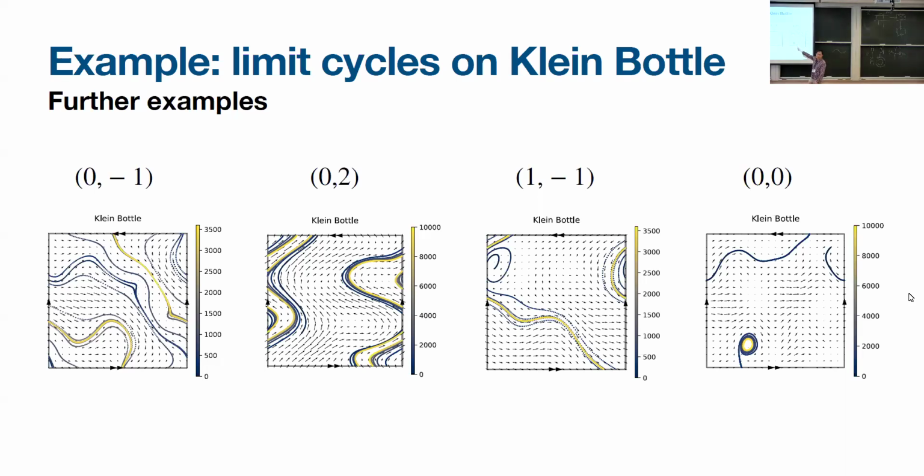It sits in the 1, 1 conjugacy class. You get another one that goes down and up again. That's 0, 2. And this one wraps around diagonally across those two edges. So we can go from the data to the topology of these limit cycles.